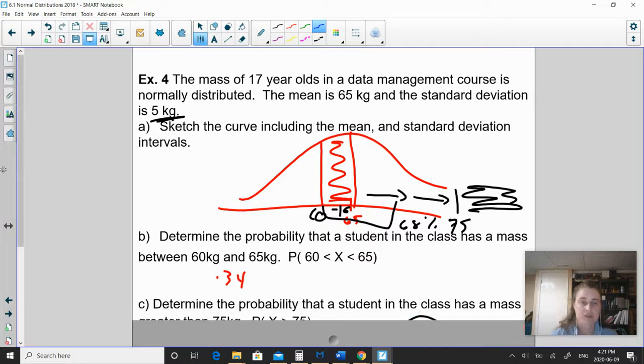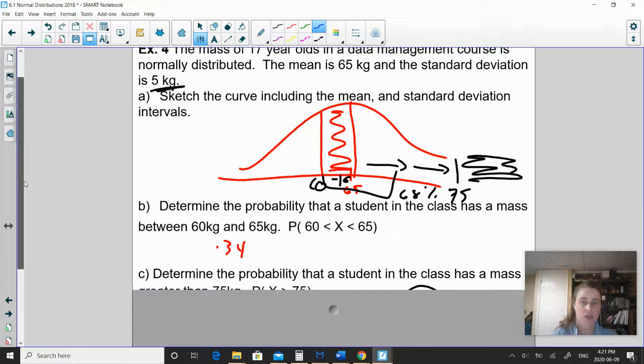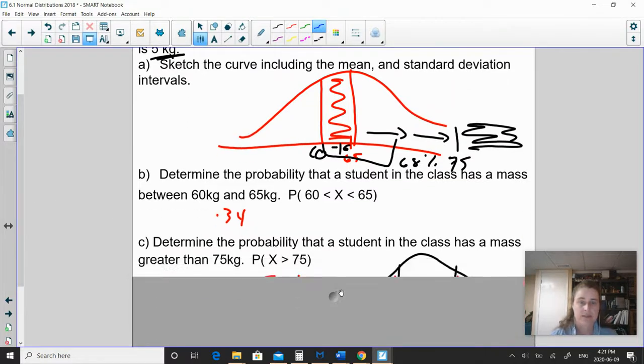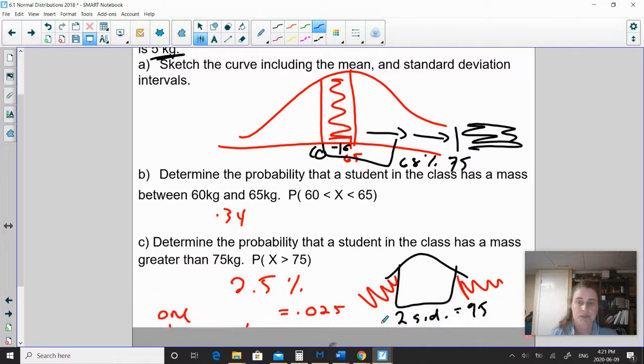Determine the probability the student in class has a mass greater than 75 kilos. What is the probability? Well, 65 should be your mean in the middle. So we are going up 2 standard deviations, and we want the upper limit here. We will only want the upper limit.